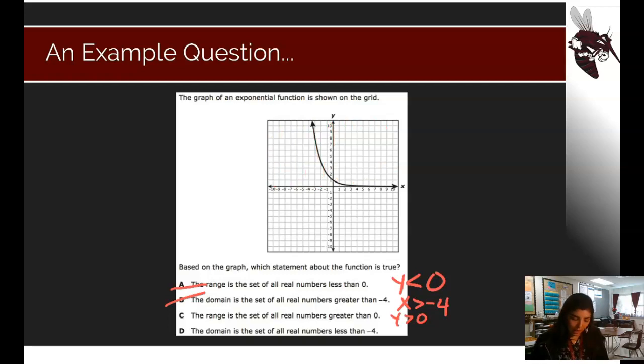That looks good. We'll hang on to that one. And D says the domain is the set of all real numbers less than negative 4. Again, here's negative 4 on the x-axis, and it would be saying that it all appears over here. That's not true in the slightest. So we would choose answer choice C, that the range is greater than 0.